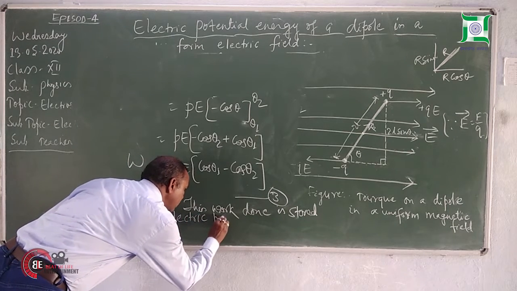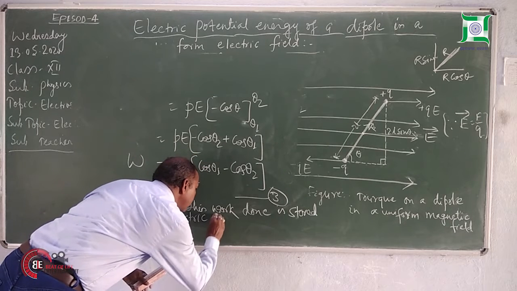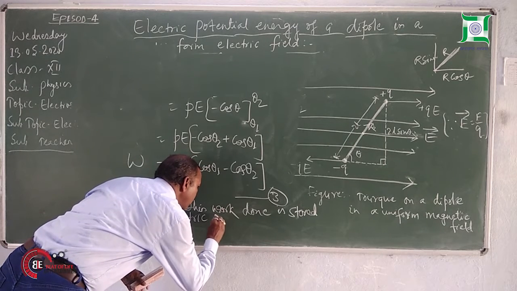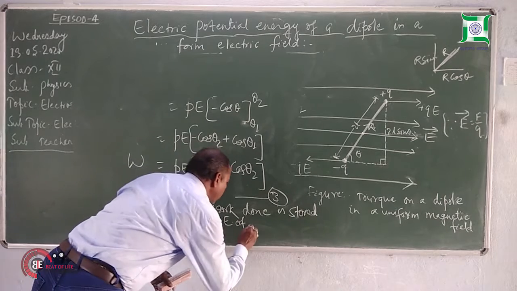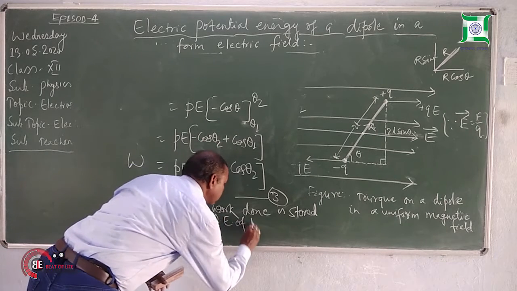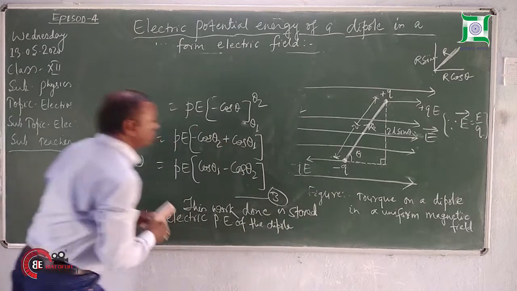Electric potential energy, we write in short PE, of the dipole.